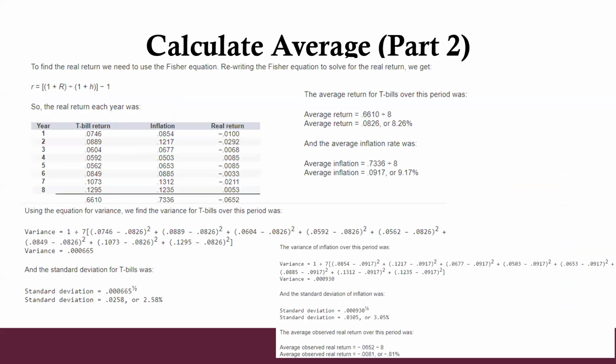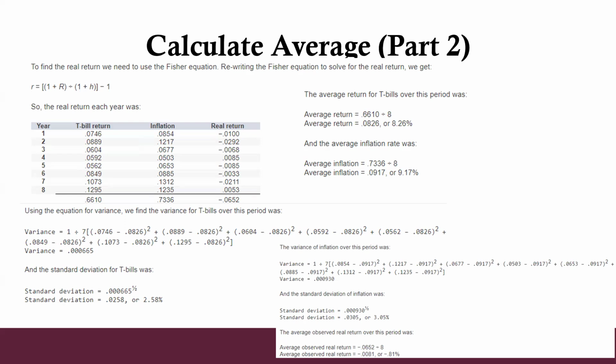Okay, so the way we'll calculate that, we have to go to real returns. So we have our return, we have what the inflation is, right? So that we can calculate what the real return for each of those, right, to account for that inflation piece, right? And then once we have that, we can also sum the returns and inflation and divide by our observations and get what those average numbers are, right?